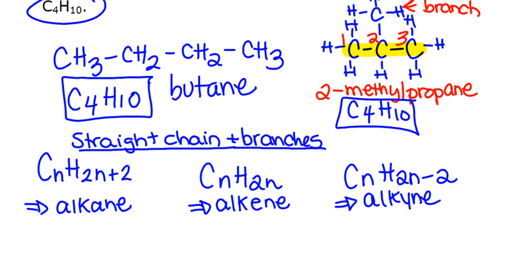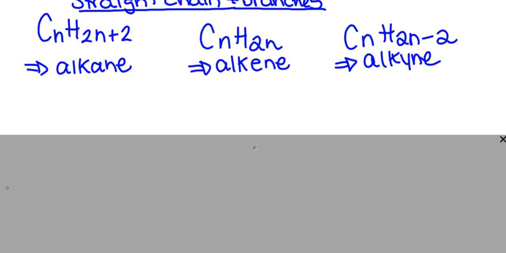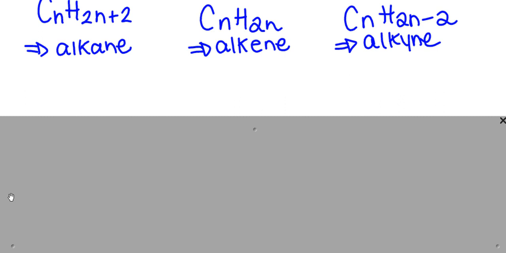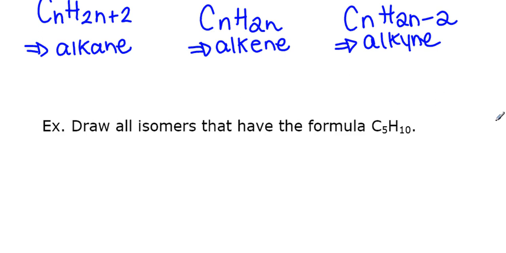So let's take a look at a question with isomers and see if you can practice drawing some. So draw all isomers that have the formula C5H10. There are quite a few that fit into this category, but we can look at this to help us get started. So we might be dealing with one type of molecule or more, but this is going to help us get started. 5 carbons and 10 hydrogens.